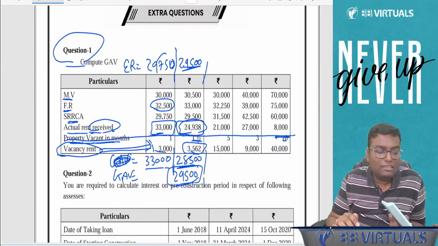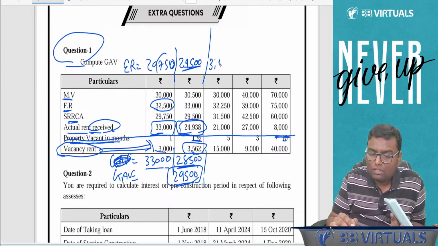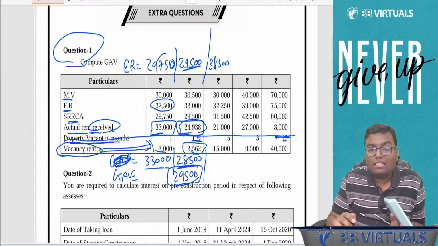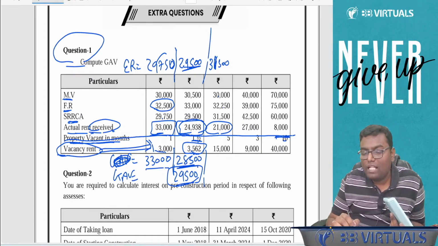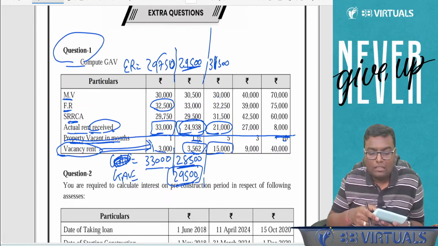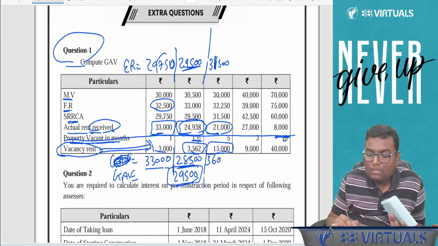Tell me what will be the answer in the third case. Firstly, what will be expected rent? Whichever is higher, whichever is lower, 31,500. What is the actual rent given? 21,000, which is less than expected rent. If there would have been no vacancy, can I say I would have added this 15,000? So now my rent will become 36,000.